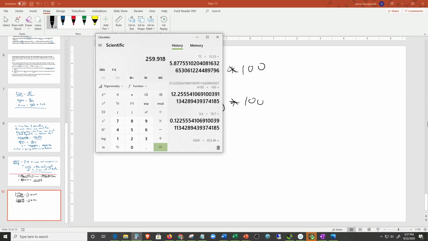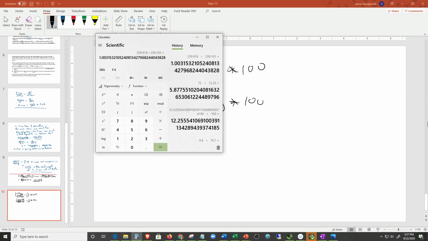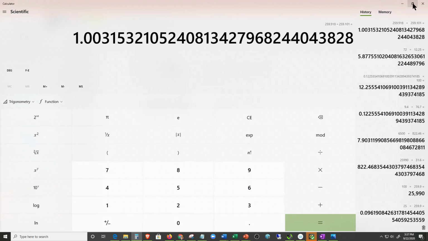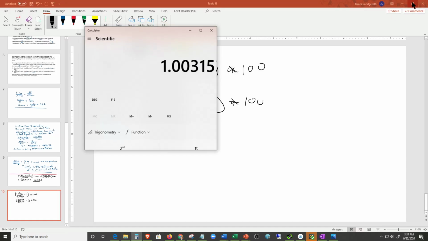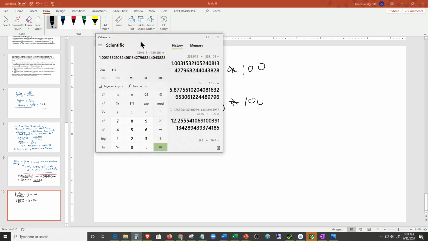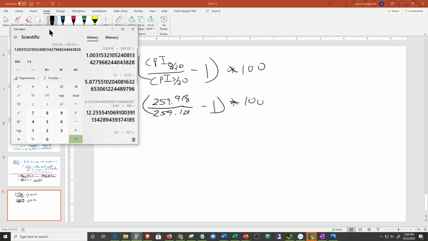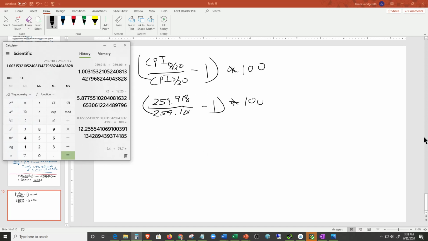259.918 divided by 259.101 equals... let's shrink that down. I want to move it out of the way. There we go. 1.00315.